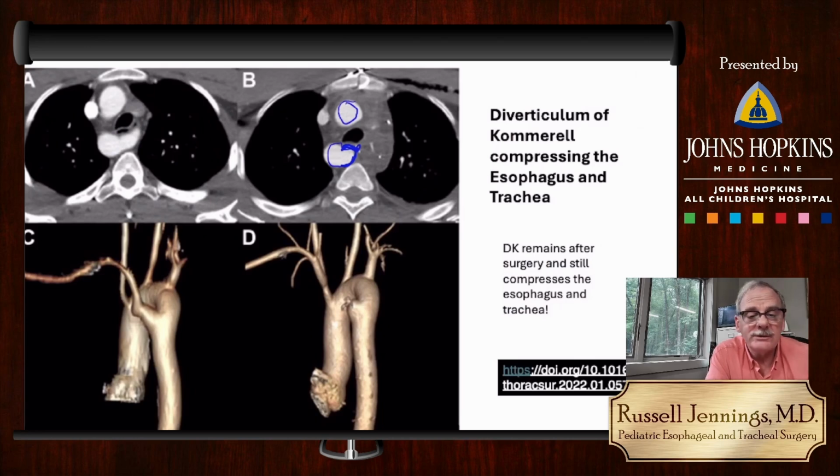It looks almost exactly the same here as it does here. Really no effect because the diverticulum of Kommerell is the problem. We'll look at the CAT scan angiogram reconstructions and we can see what they did. Here's the descending aorta from the back, and here's the arch.